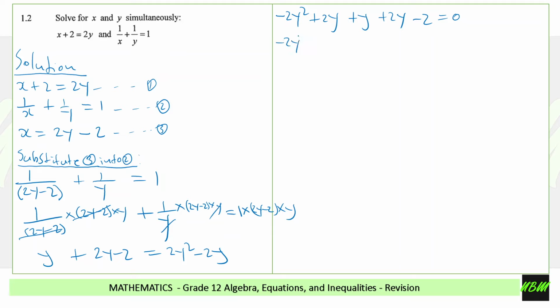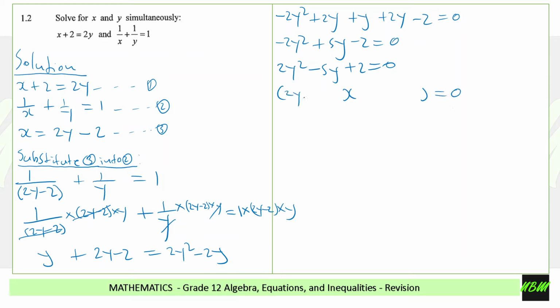Then minus 2y squared, collect the like terms, y plus 2y will give us 3y, hence minus 2y squared plus 5y minus 2 equals to 0. Then multiply throughout by minus 1, we get 2y squared minus 5y plus 2 will be equals to 0. And then from here, factorize or use the general quadratic formula to solve.